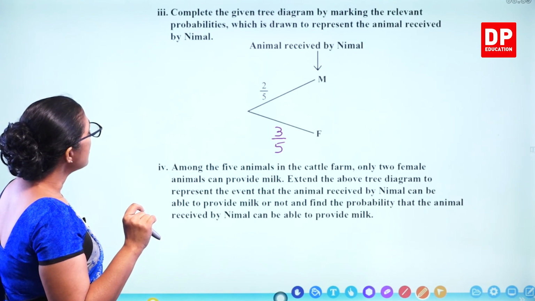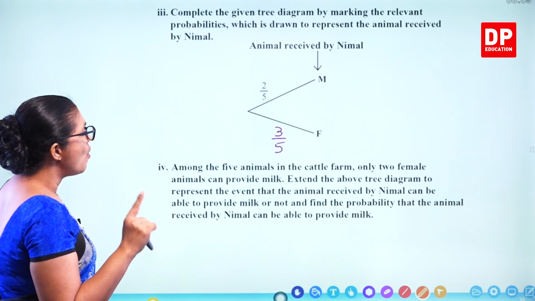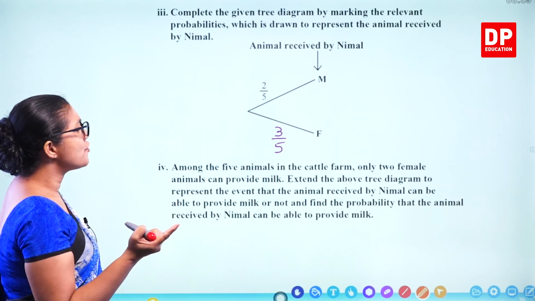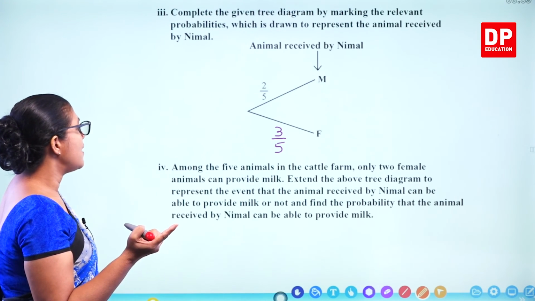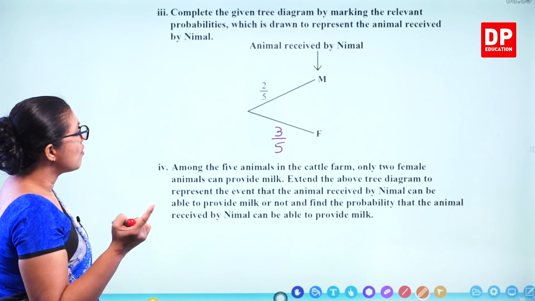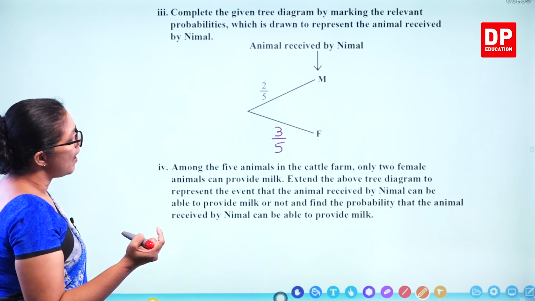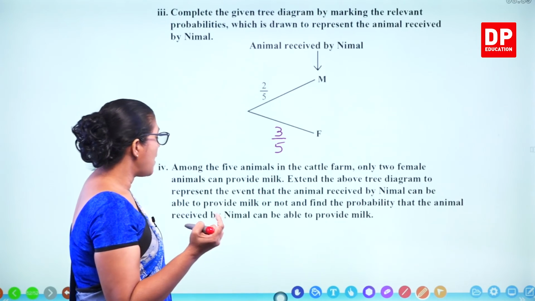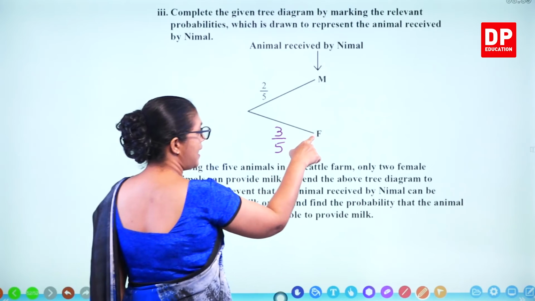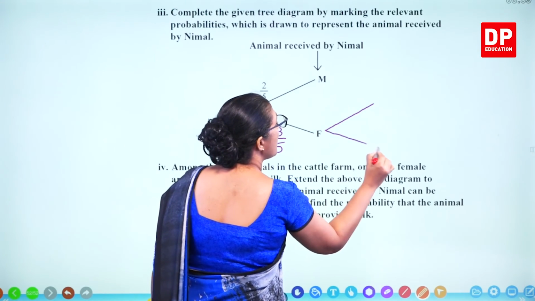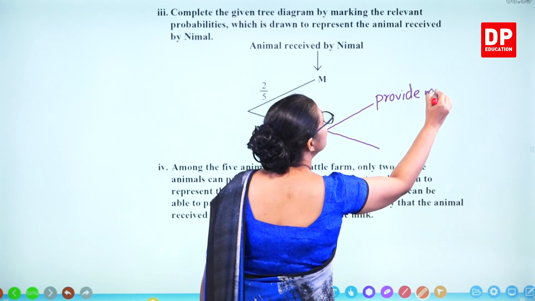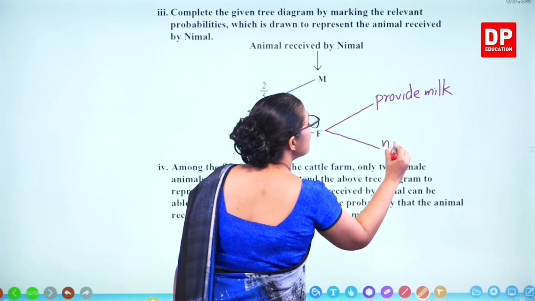Fourth one, among the 5 animals in the cattle farm, only 2 female animals can provide milk. Extend the above tree diagram to represent the event that the animal received by Nimal can be able to provide milk or not, and find the probability that the animal received by Nimal can be able to provide milk. So we can extend the female animals into 2 parts, provide milk or not provide milk.